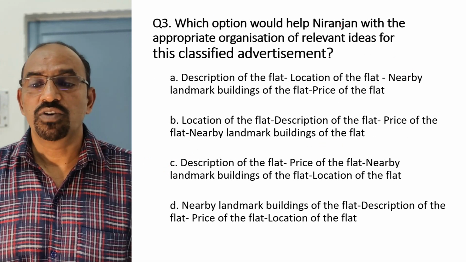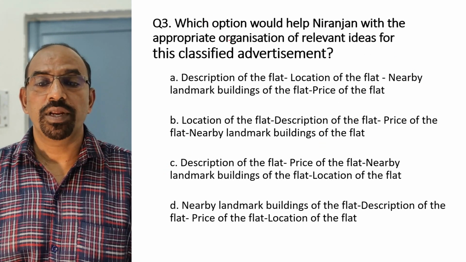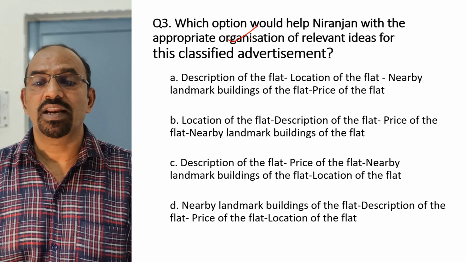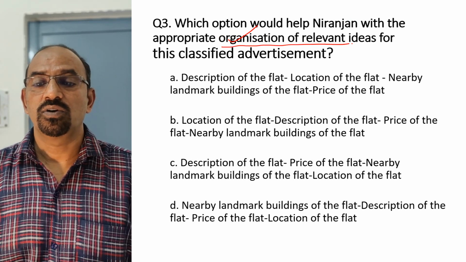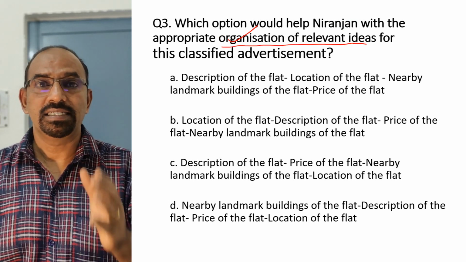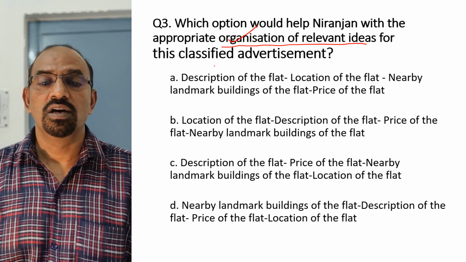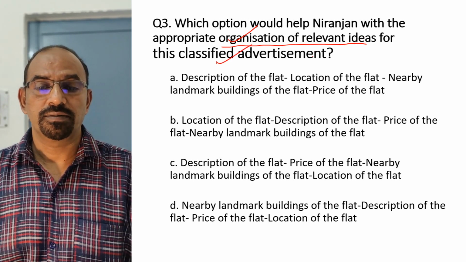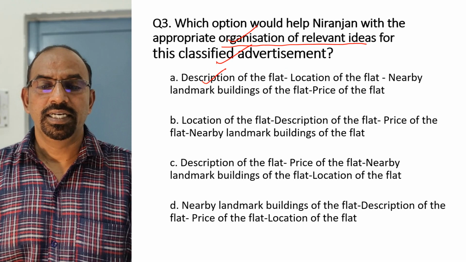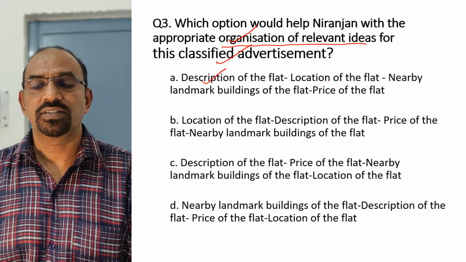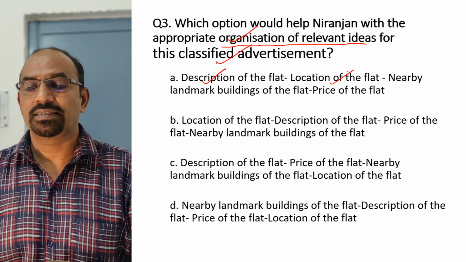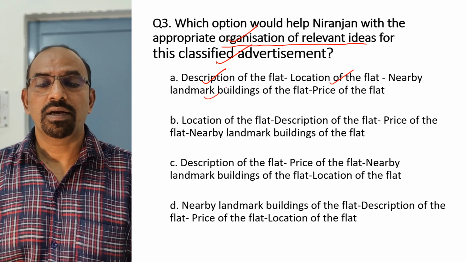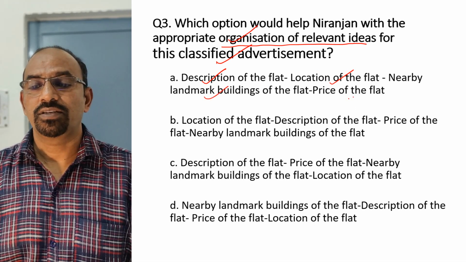Which option would help Niranjan with the appropriate organization of relevant ideas? You have to rearrange the relevant ideas in a sequential order for this classified advertisement. Look at that. Description of the flat first, then location of the flat, nearby landmark buildings, then price of the flat.